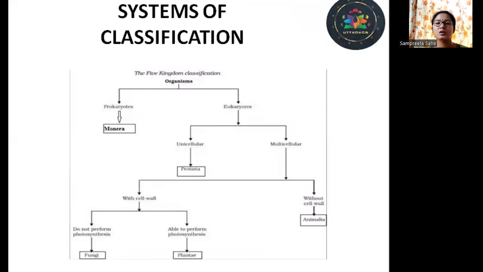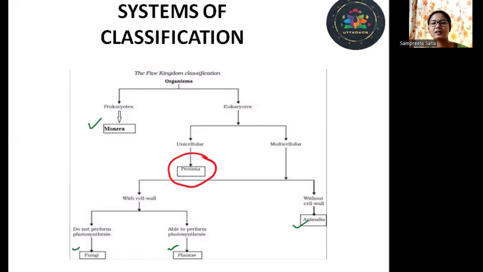It lies between the Monera on the left hand side, which is the group of prokaryotes, and on the right hand side it has the kingdoms fungi, plantae, and animalia. So this is the position of Protista in the five kingdom classification system.